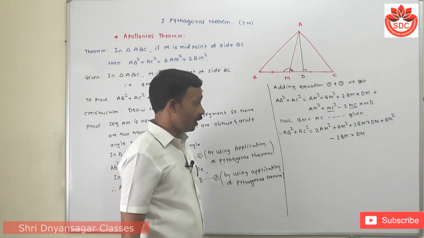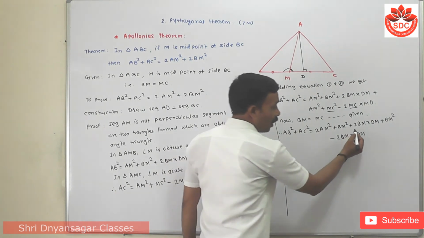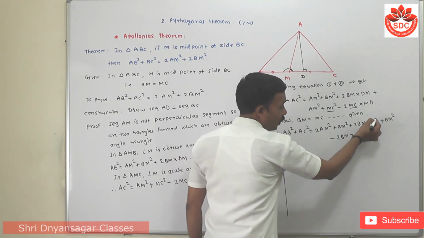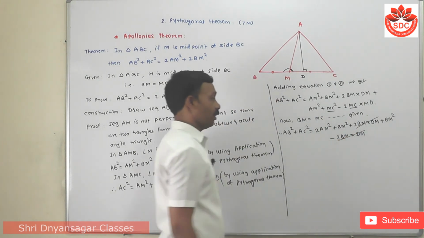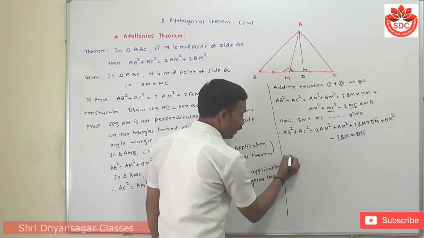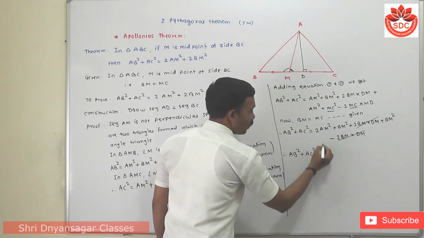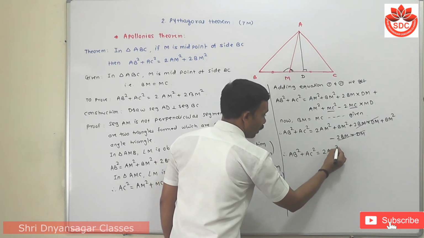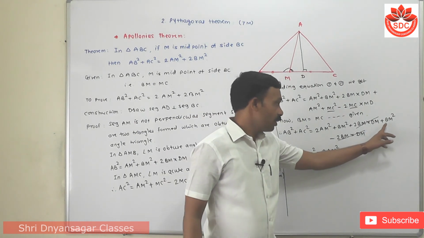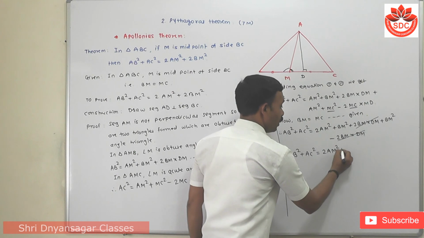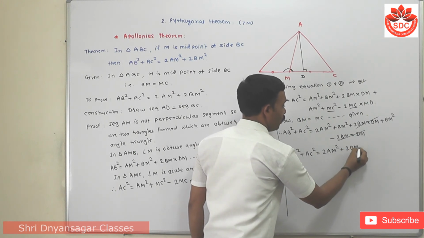Now when we observe carefully, plus twice BM into DM and minus twice BM into DM get cancelled. Therefore, what is remaining here? AB square plus AC square is equal to twice AM square plus BM square plus BM square, that is twice BM square.